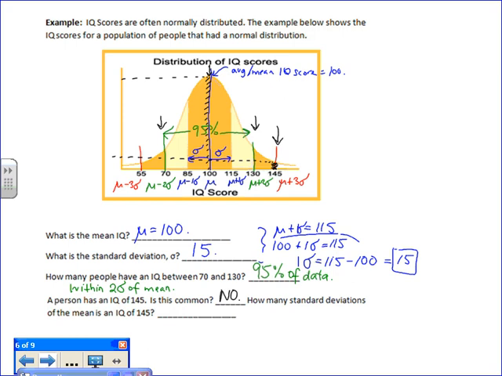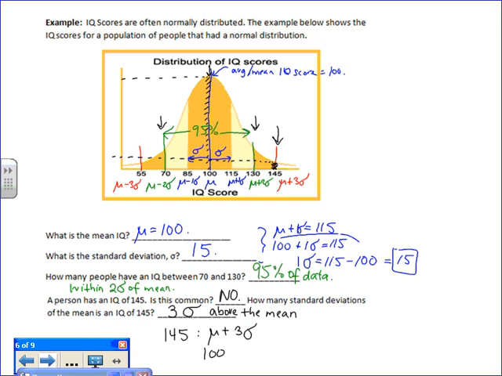Okay, how many standard deviations away from the mean is 145? Well, by looking at my graph, I can see that it is 3 standard deviations above the mean. So 145 represents the mean plus 3 standard deviations, which makes sense, right?